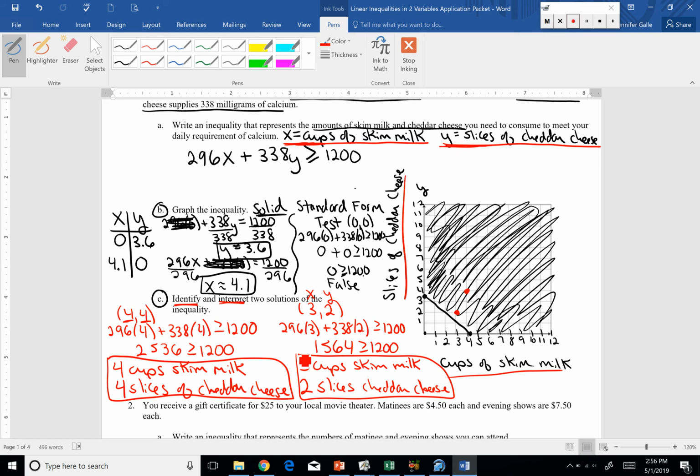Now it's really tough for you to check yourself to see if your inequality symbol's going the right way. So raise your hand, I will check that for you today. It's also really tough to check to make sure that you in fact graphed your line right. I don't have a double check for that or a self-check.